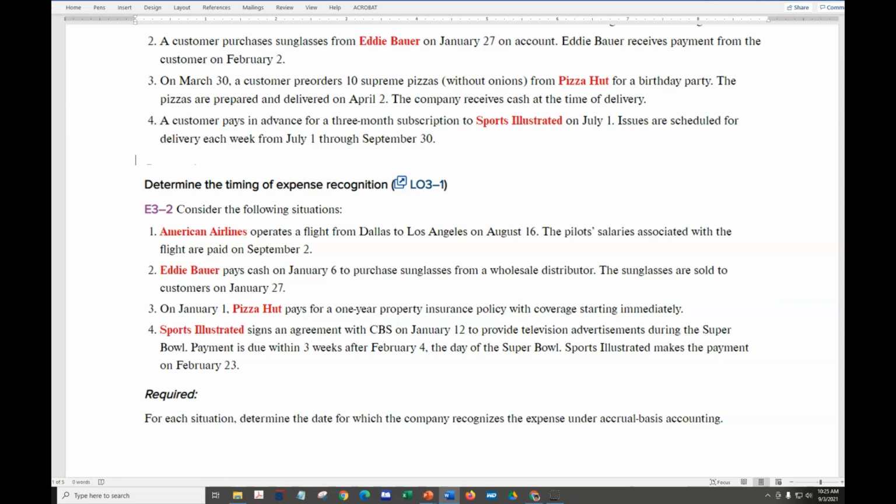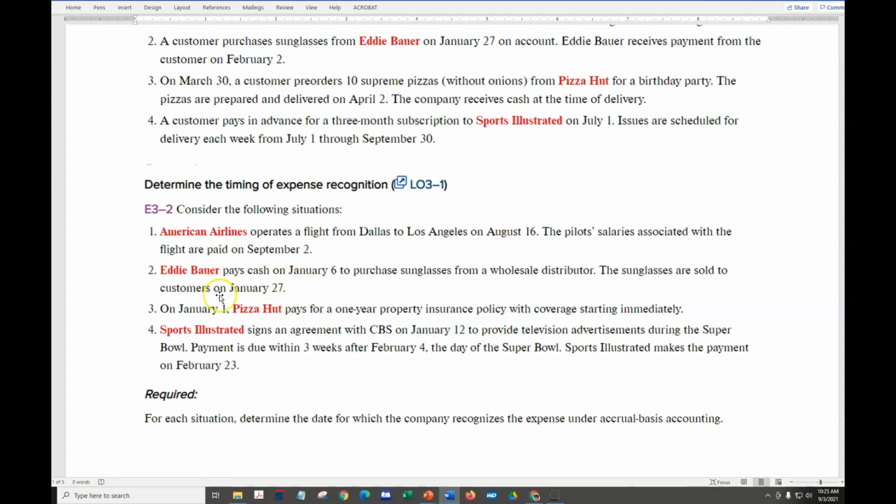Eddie Bauer pays cash on January 6th to purchase sunglasses from a wholesale distributor. The sunglasses are sold to customers on January 27th. When does Eddie Bauer recognize the expense of purchasing those sunglasses? On January 6th when they actually purchase them, or when they're sold to the customer on January 27th?